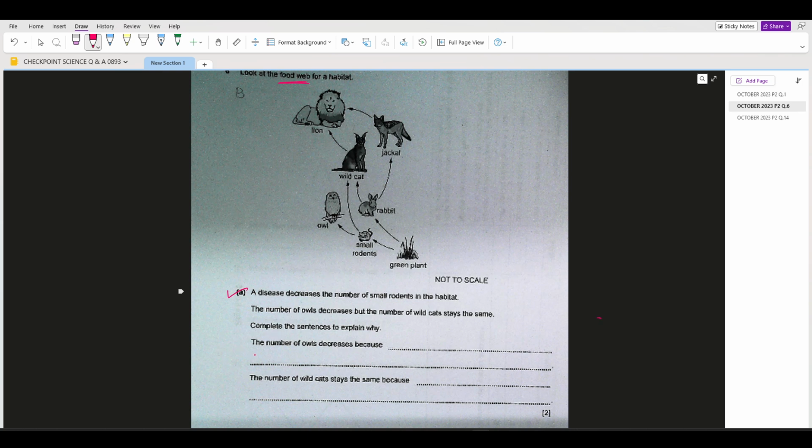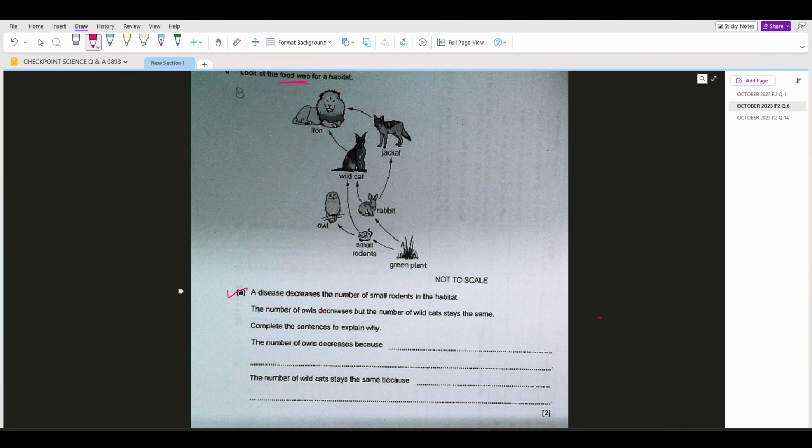Sub question A says that some disease decreases the number of rodents. So there is some disease affecting the rodents, and all of a sudden they start dying, so the number of rodents in that habitat is drastically reduced.